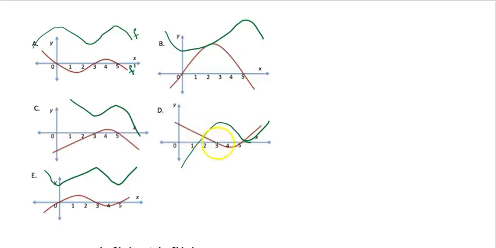For D, it was positive, negative, positive, so increasing, decreasing, increasing. And then for E, we were negative, positive, negative, positive, which would mean decreasing, increasing, decreasing, increasing. And again, I'm not getting totally specific, I'm just getting the basic shape going. So hopefully you did well.